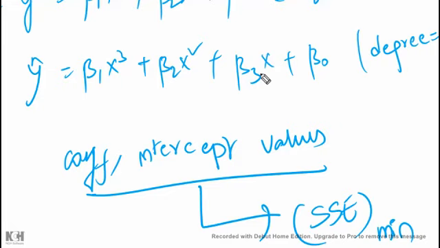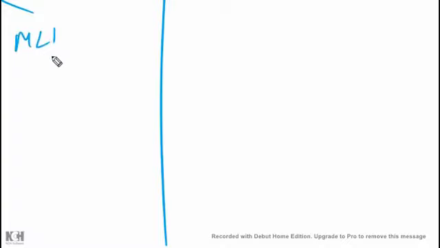Whether it is a simple linear regression, a multiple linear regression, or a multiple non-linear regression, the concept remains the same. Within linear regression, we have simple linear regression and multiple linear regression.